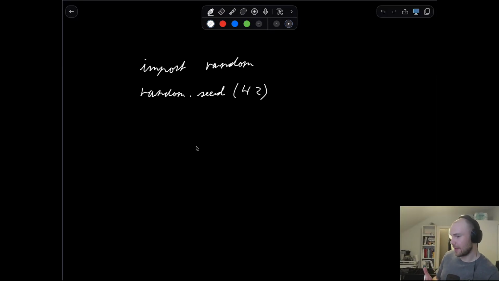This method here, seed, is pretty easy to understand. What it means is that you can think of this pseudo-random generator as a phone book. And each page has a given sequence of randomly generated numbers. But if you look at that page, it's like a phone book, it's the same numbers, right? So it's the same sequence.